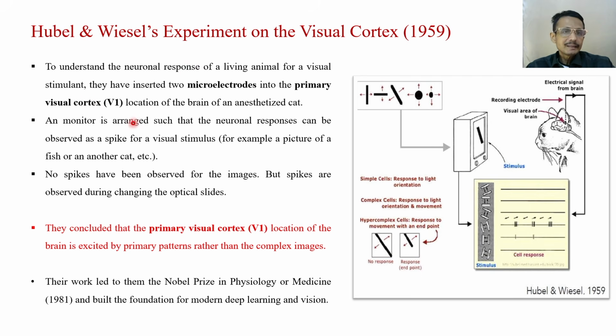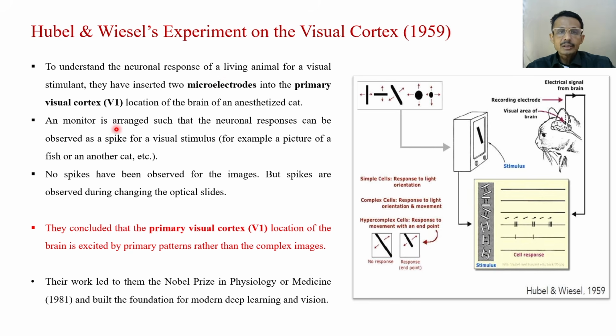So what did they do? They put two microelectrodes into the primary visual cortex of an anesthetized cat, the part of an animal's brain where the neuronal response is supposed to start.